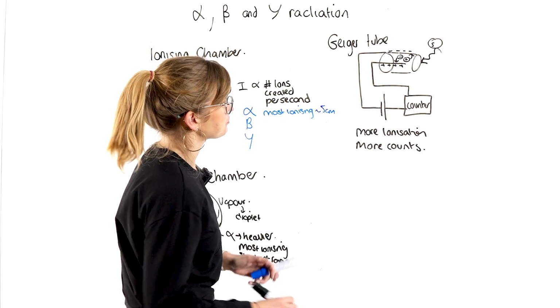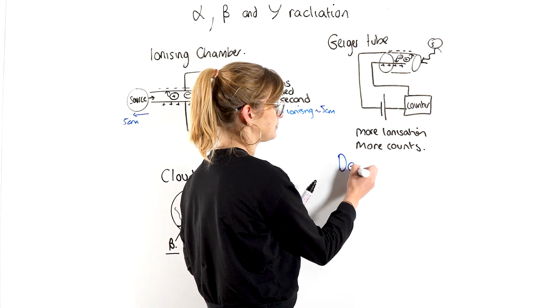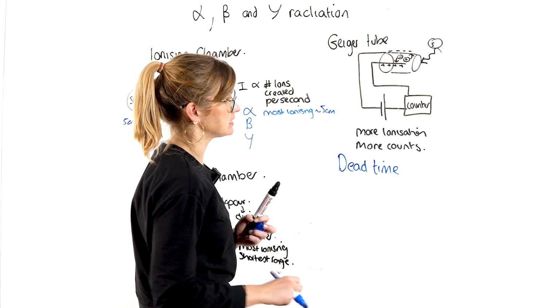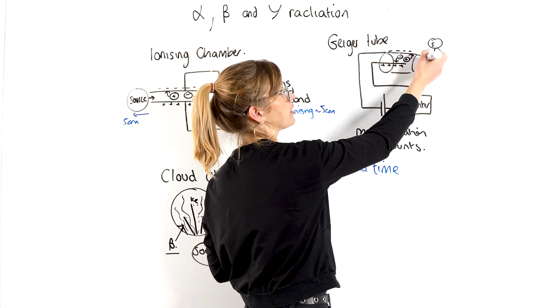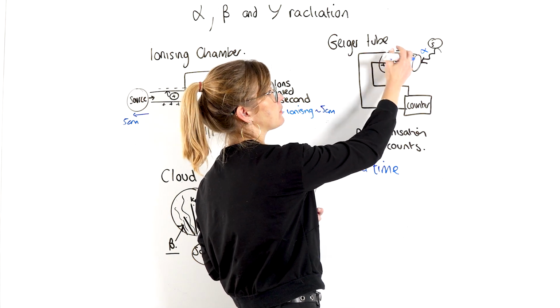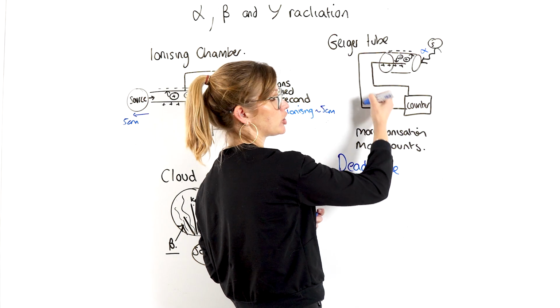Okay. One thing to be aware of with the Geiger tube is a thing called dead time. Okay, so sometimes what might happen is we just had, let's say, an alpha particle go in here. We just got this to be ionized, and we currently have a surge of charge going through our circuit.